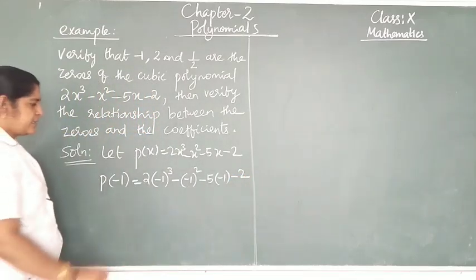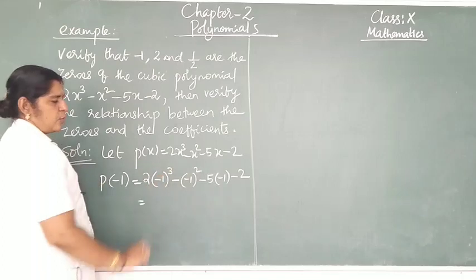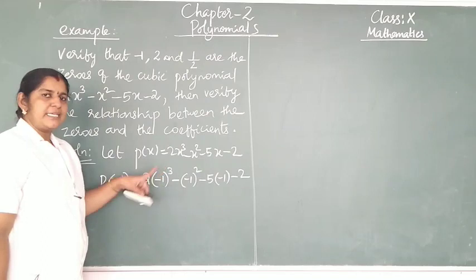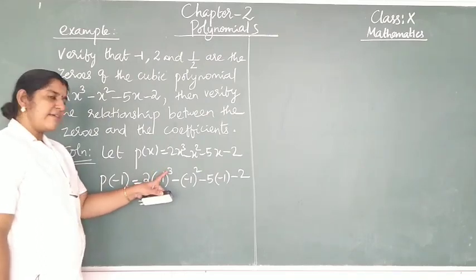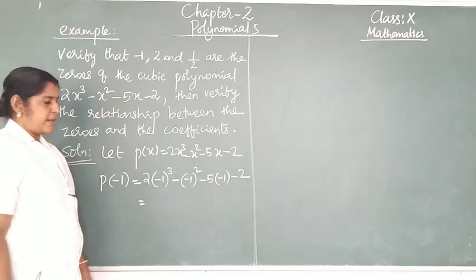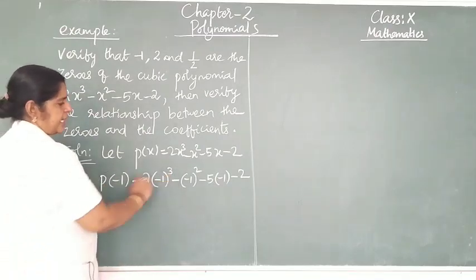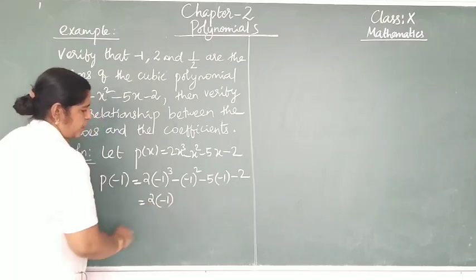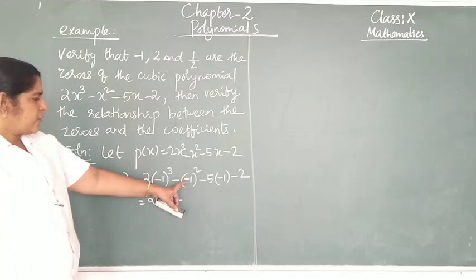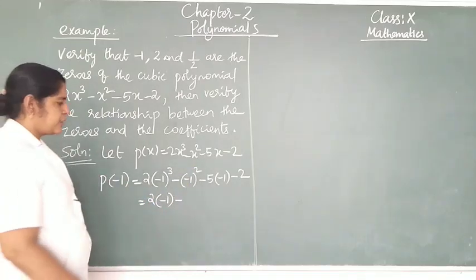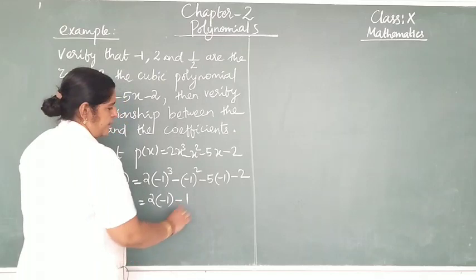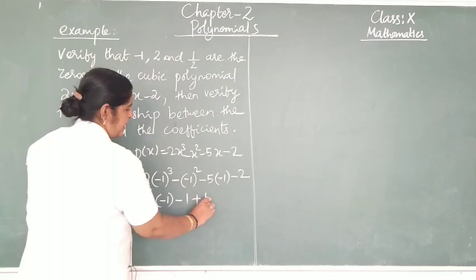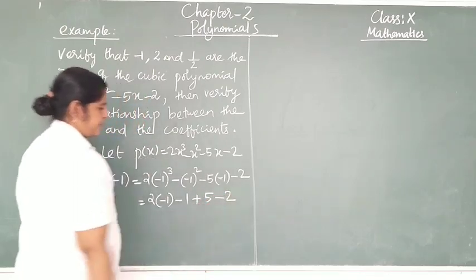Now simplify this. Minus 1, if it is having an odd power, is equal to minus 1. If it is having an even power, then it will change into plus 1. So here you can see 3 is the power, cube, so the value is 2 into minus 1, minus, here you can see minus 1 the whole square, so that is plus 1, minus 5 into minus 1, again plus 5, minus 2.